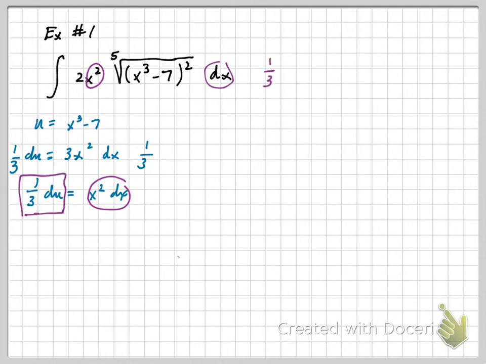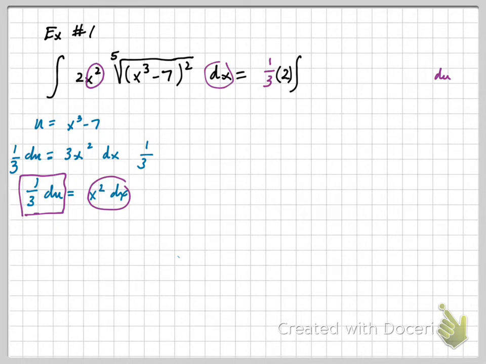So I'm going to have a 1/3. I'm going to have a du. I think I'll put it way over here to make sure I have enough room to keep the things that I'm not manipulating. Okay, the 2 is just going to be brought out here because I can do that with a constant. So the 1/3 du is going to go in place of what is circled in purple.